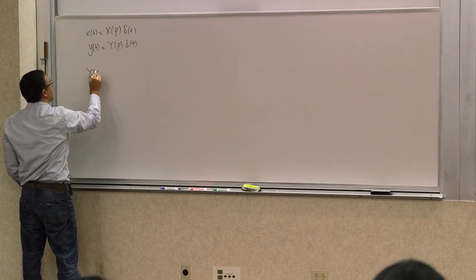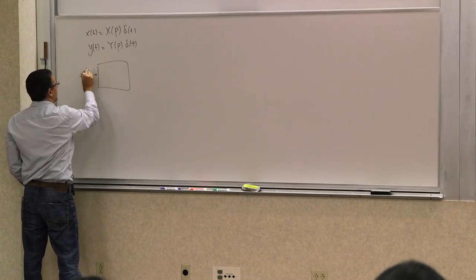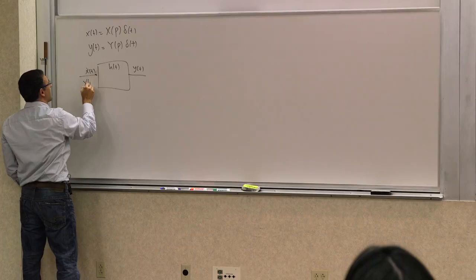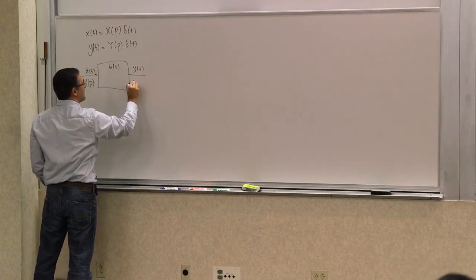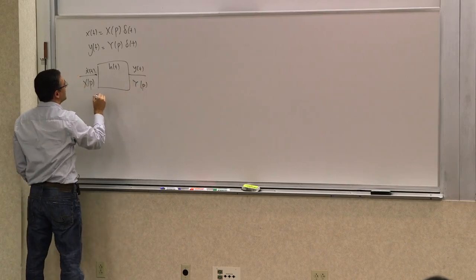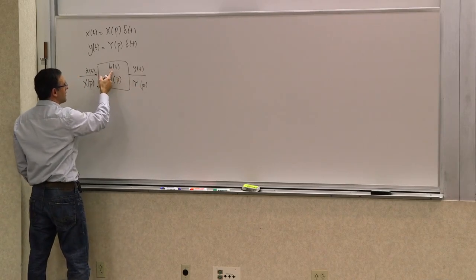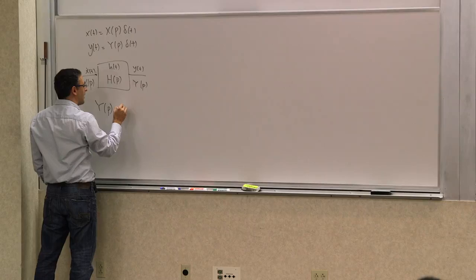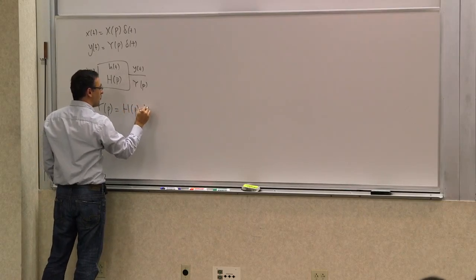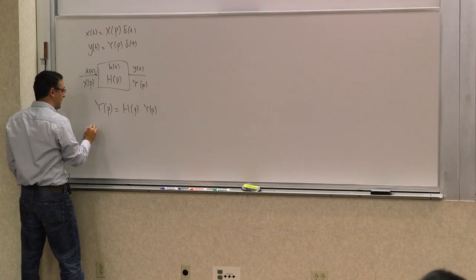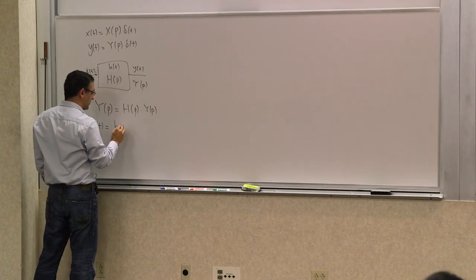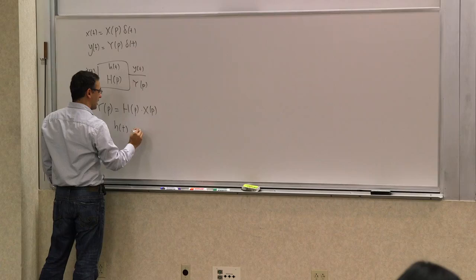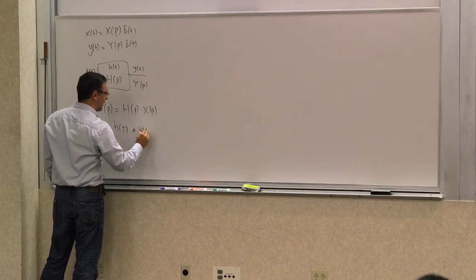So the key result was really that when you had a system with an x of t input and y of t output with an impulse response h of t, you could also look at the capital X of p, capital Y of p, these two operators, the input operator and the output operator, and the system operator, h of p, which is the one that corresponds to the h of t, and we had a key result, which was that y of p was h of p times x of p, which corresponded to the time domain relation of y of t being h of t convolved with x of t.